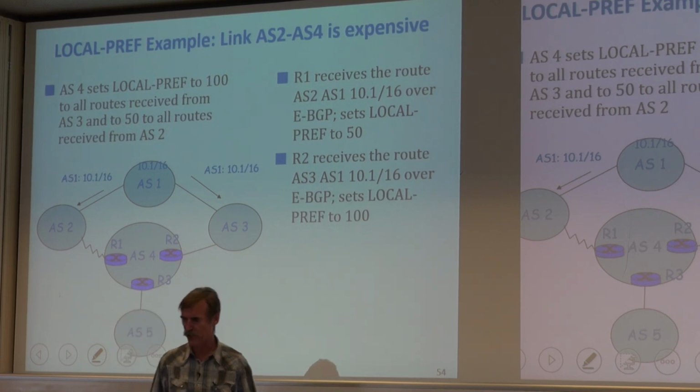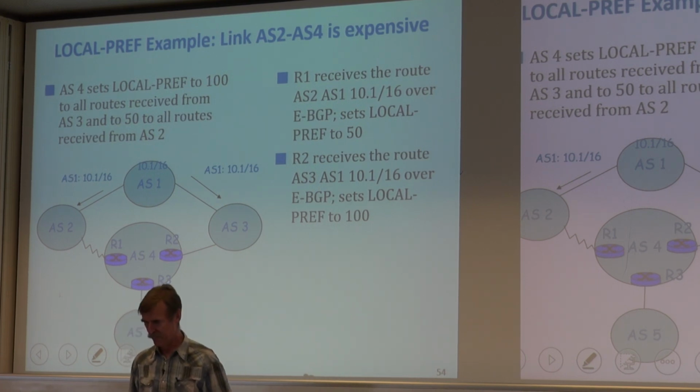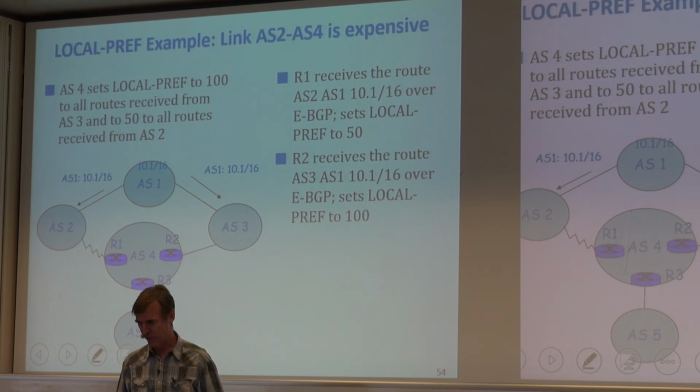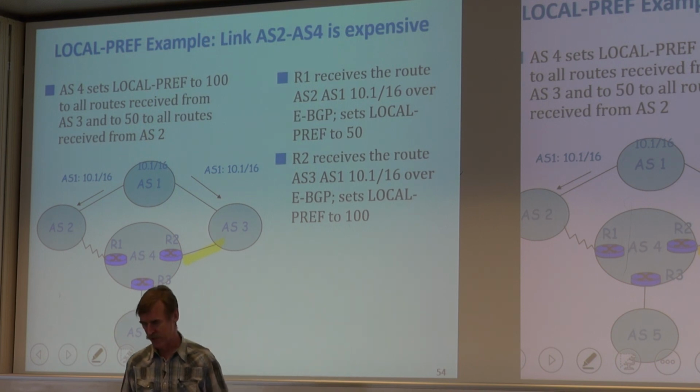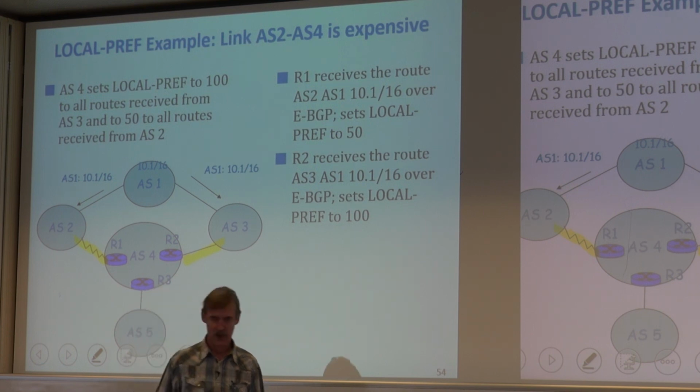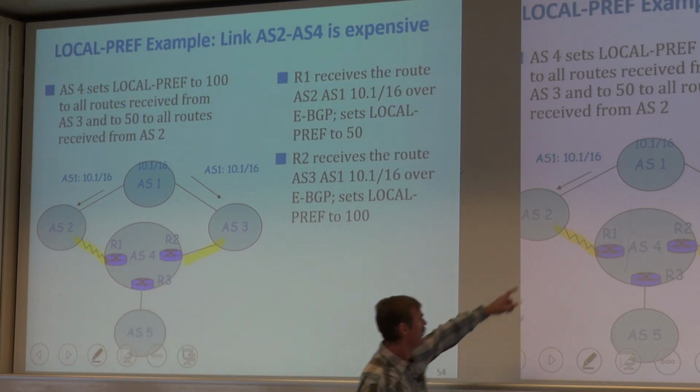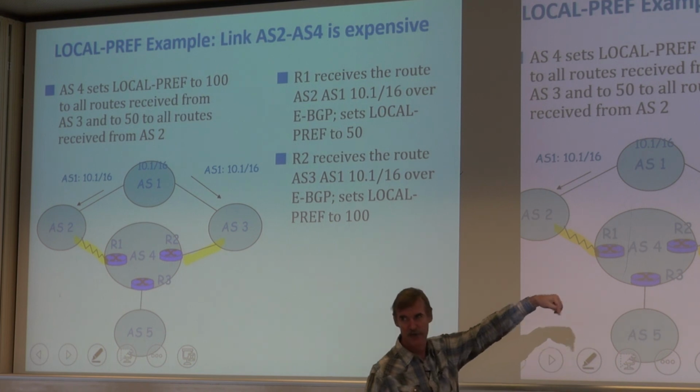Here is an example of how this could be used. Here we have AS4, which sets local pref to 100 for all routes from AS3. So all those here are tagged with local pref 100, and 50 for those from AS2. As you can see, this is considered a less good link for whatever reason.